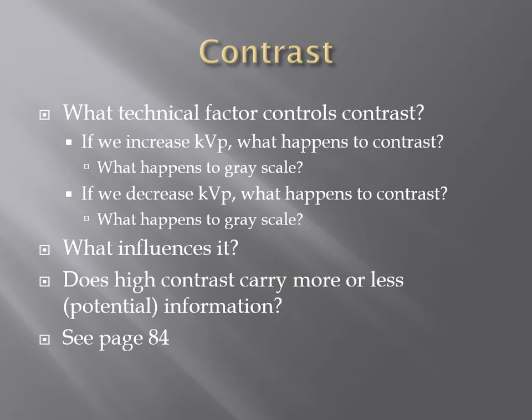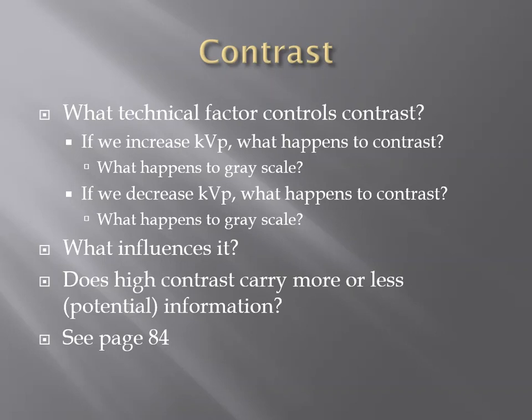The average beam energy just means that more of the X-ray photons that you create will be more likely to penetrate through the patient. So you get a higher average, you get more penetration through the patient. It kind of works in the same way as KVP, even though your peak energy doesn't go up.